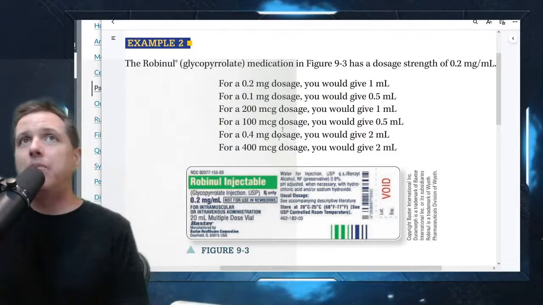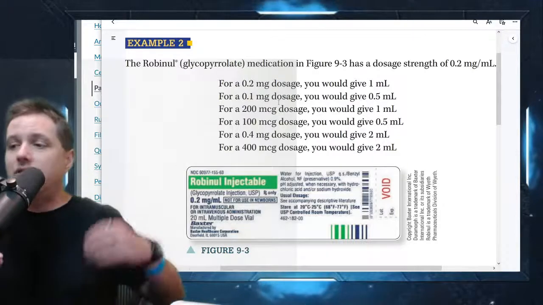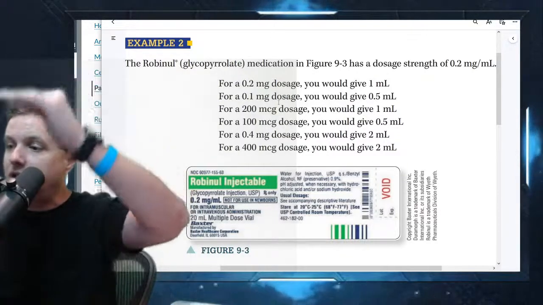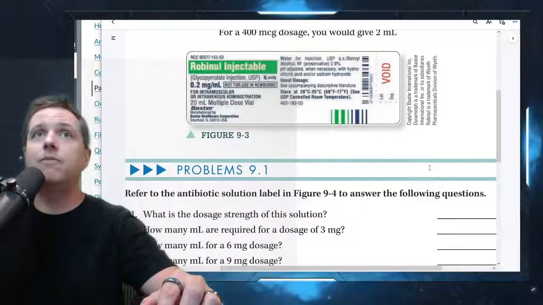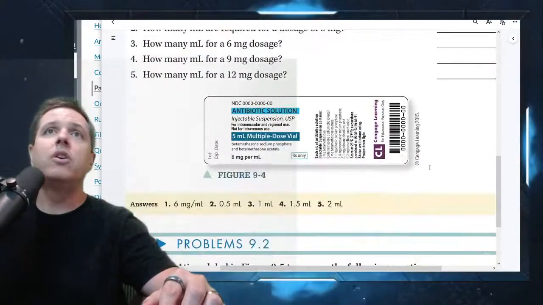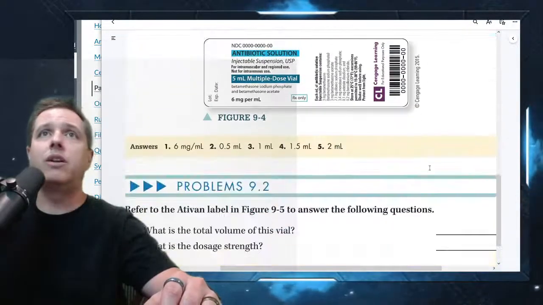So it's just those basic conversions that you were using before that tell you how to either scale your dosage up or scale your dosage down in order to make that work for what you're working on, okay? So you'll do some problems like that.